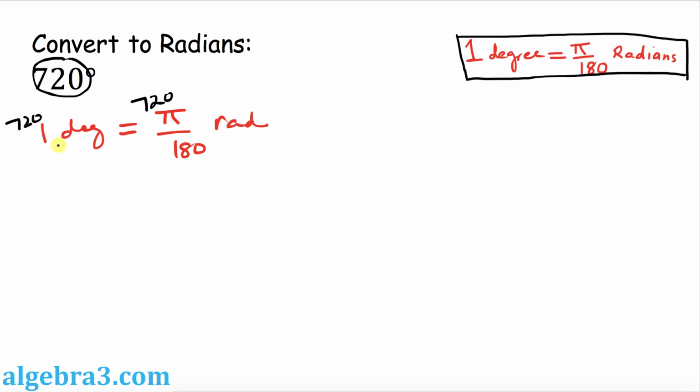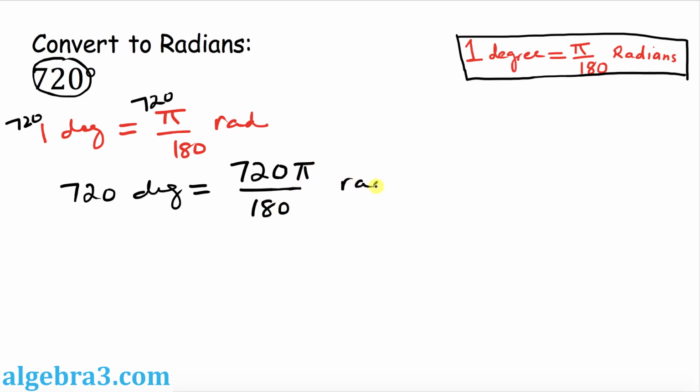So 720 times 1 becomes 720 degrees equals, this simply becomes 720 over what? 180 times pi radians.